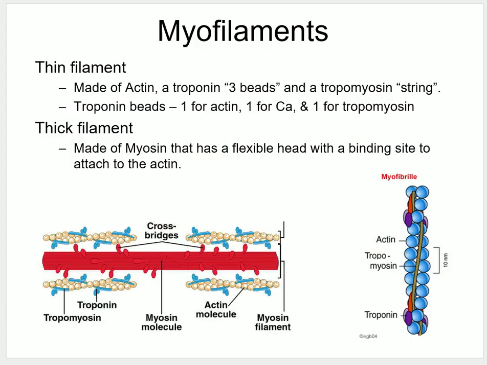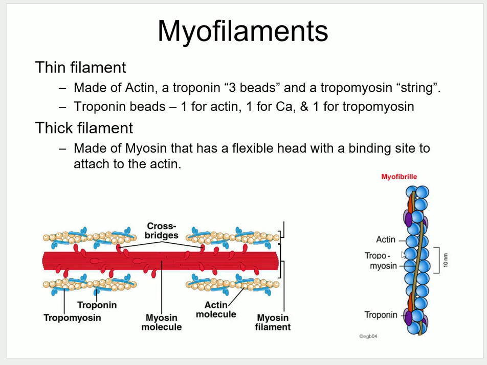All right, myofilament. So this is where it gets a little bit more difficult, just in terms of all the terminology that you have to learn for this. But I'm going to try and keep it as simple as possible, right? So thin filaments are made up of actin, which are these blue pearls in this myofiber right here.